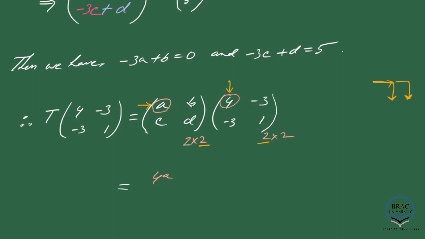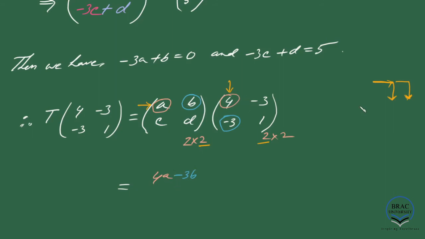Now I'm going to select the second entry of the same row from the first matrix, and this was column wise, so I have to select the next entry of the same column that I've selected. Then it's going to be negative 3b, multiply them and add all of them up, so then it becomes 4a minus 3b. So that gives me the first element of the first row of the new matrix.